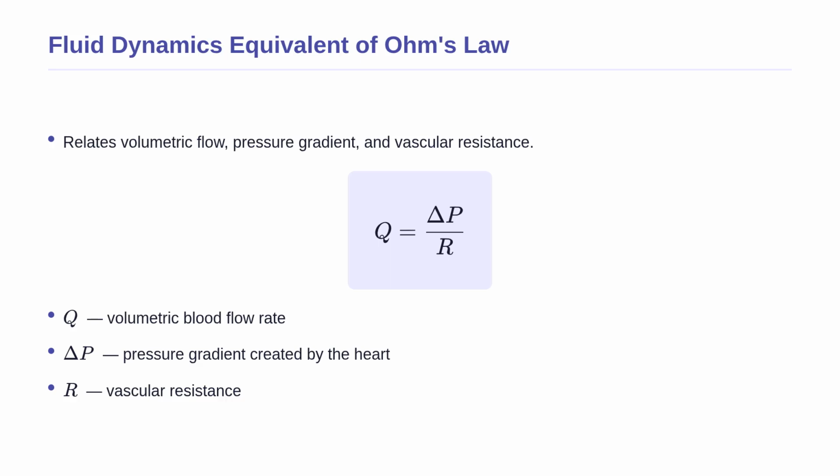Delta P represents the pressure gradient created by the contracting heart muscle. And R is the vascular resistance we just discussed. In plain English, this formula tells us that blood flow increases if the heart pumps harder, but decreases if the blood vessels offer more resistance.